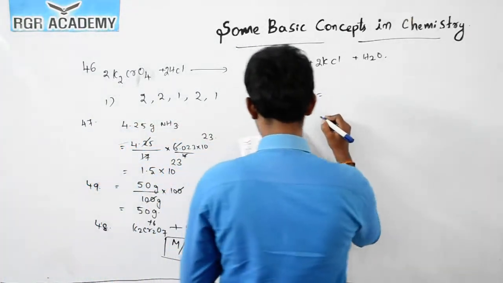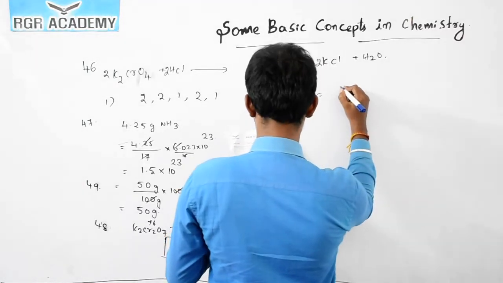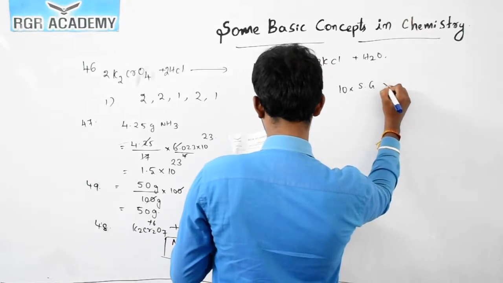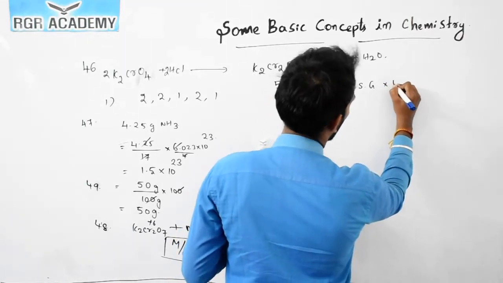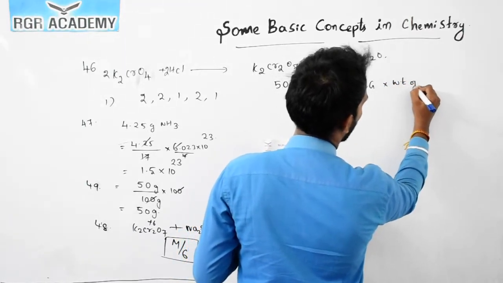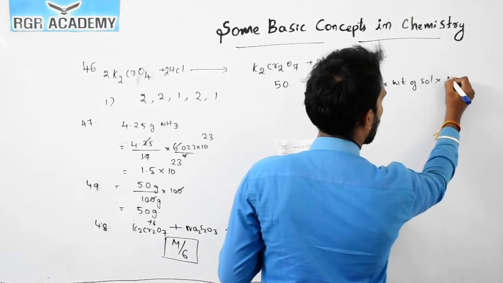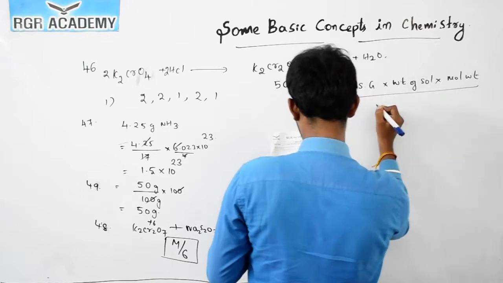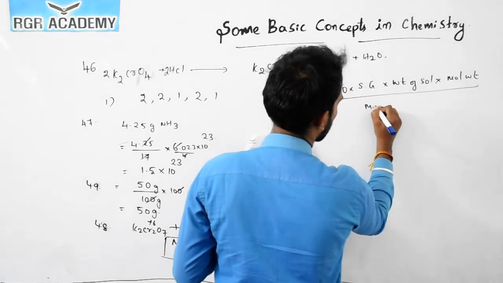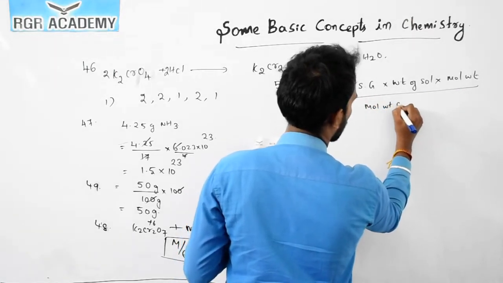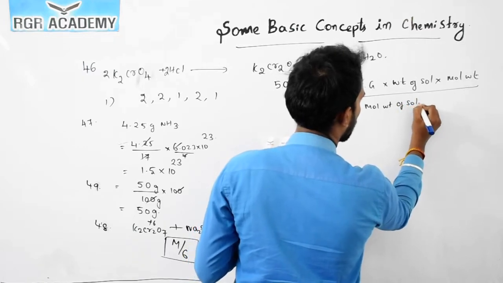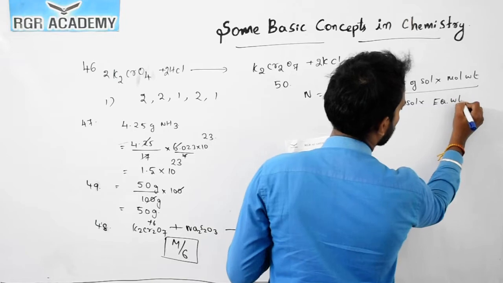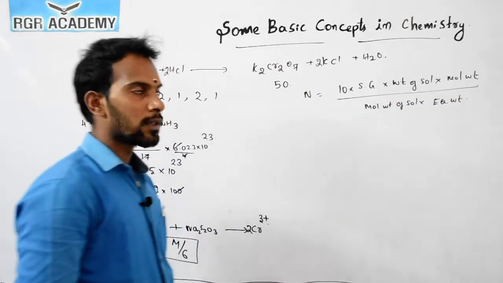So the formula is normality is equal to 10 into specific gravity into weight percent of solution divided by equivalent weight. Okay. So this is the formula for this one.